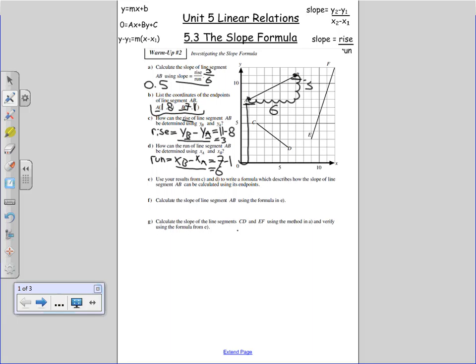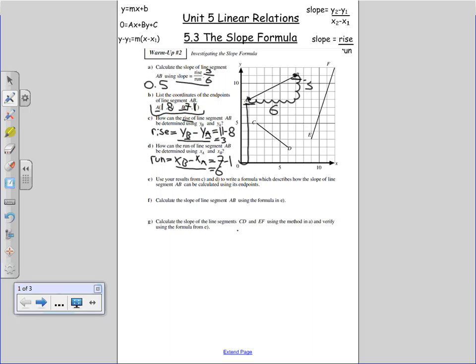It would still be 3 over 6, but a step before that, we're trying to make a formula. It would be YB minus YA divided by XB minus XA. It's still rise over run, that's just a different way of saying rise and a different way of saying run.